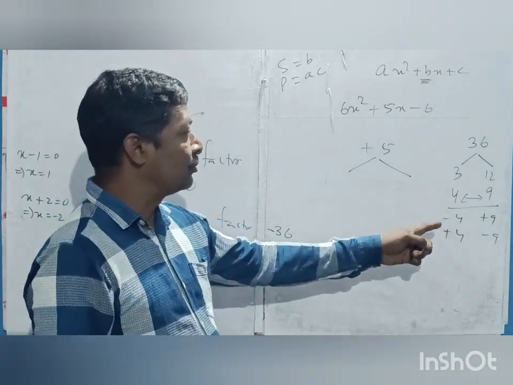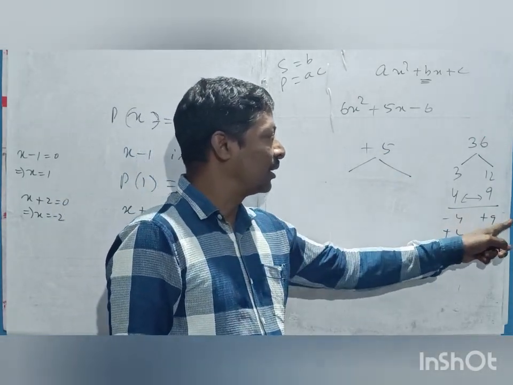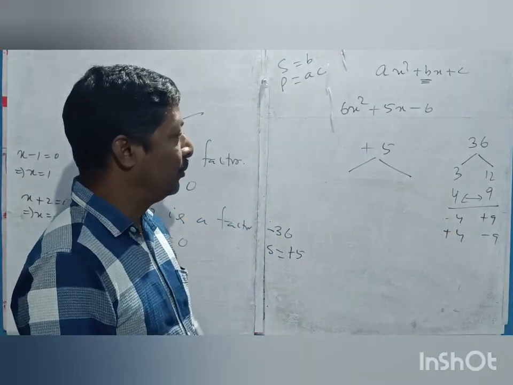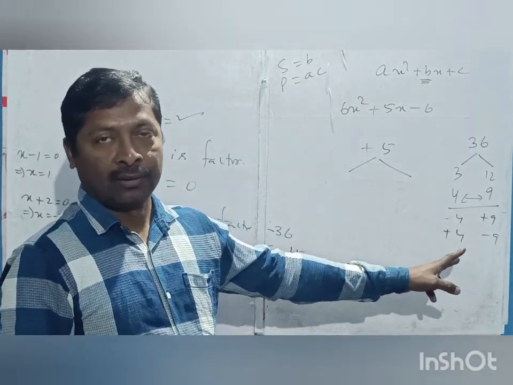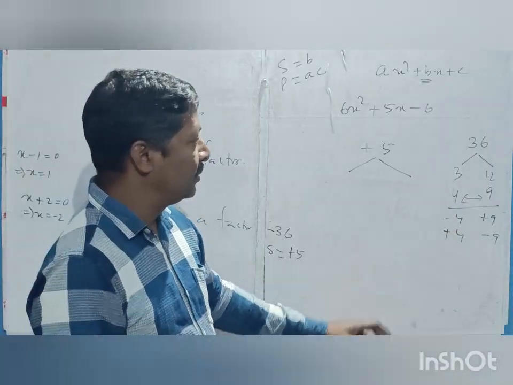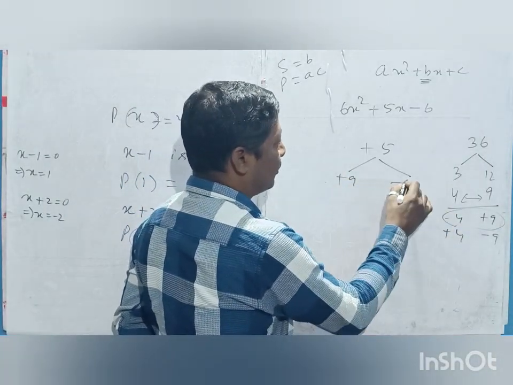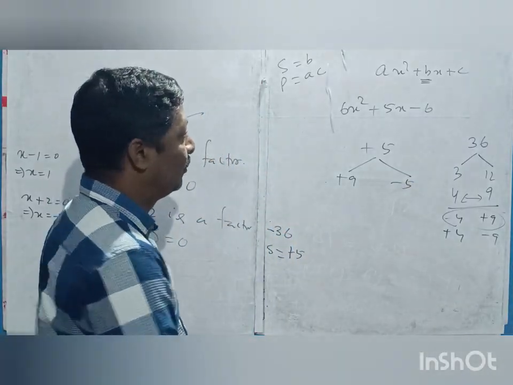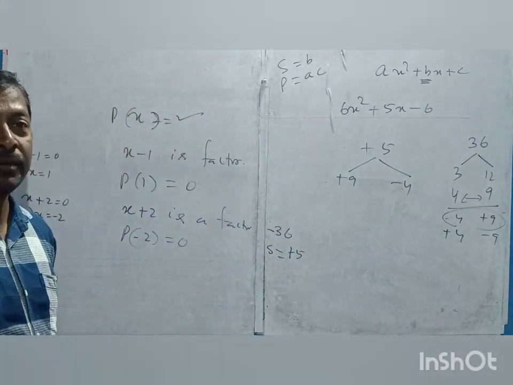We have to get the sum as plus 5, so I will take this one. In both cases minus 36 is coming, but the sum must be plus 5, so I will take plus 9 minus 4.